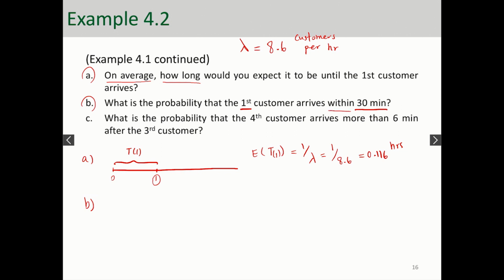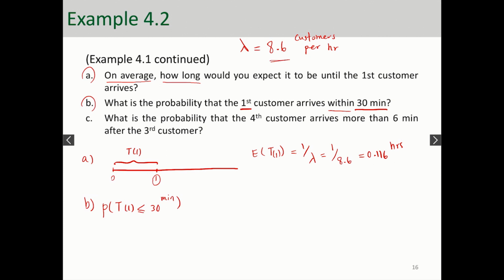Within 30 minutes means less than. And because it's a continuous random variable, it doesn't matter, less than or less than or equal. So probability of T1 less than or equal to 30 minutes.